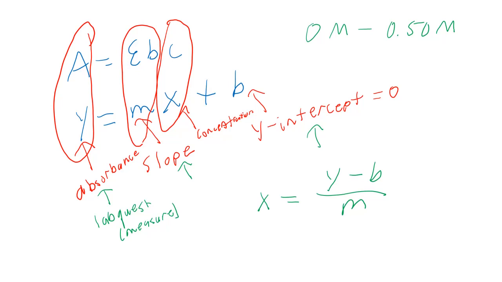So your unknown solution should have a concentration somewhere between these values. If you get something that's too much over the 0.5 molar, then you probably need to go back and double check your data and double check your calculations. So keep that in mind as you're doing the lab.